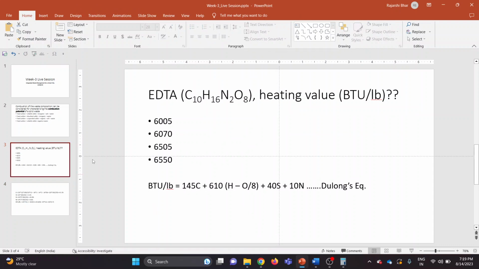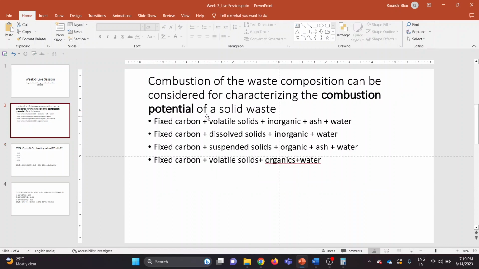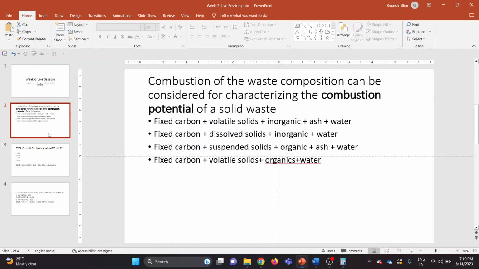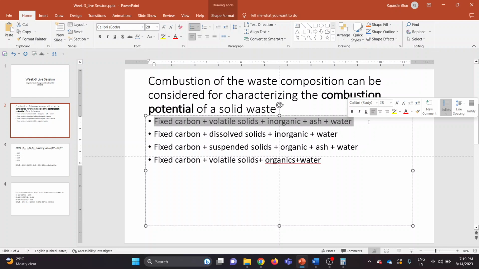In the meanwhile, I will also try to explain the physical or practical significance of these two questions. For example, in the previous one, the combustion characteristic of a solid waste was being determined. Why do we need to do this characterization? If I have municipal solid waste, it is a heterogeneous mix of a variety of materials and compounds.